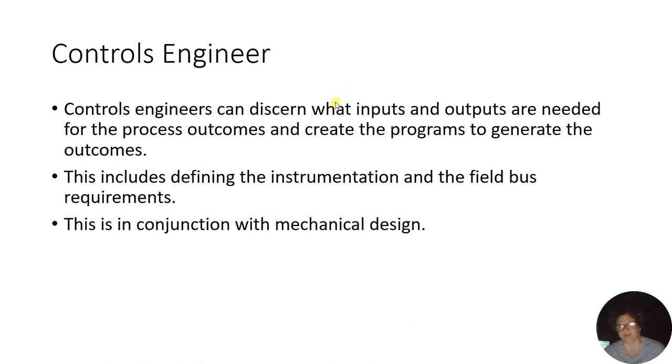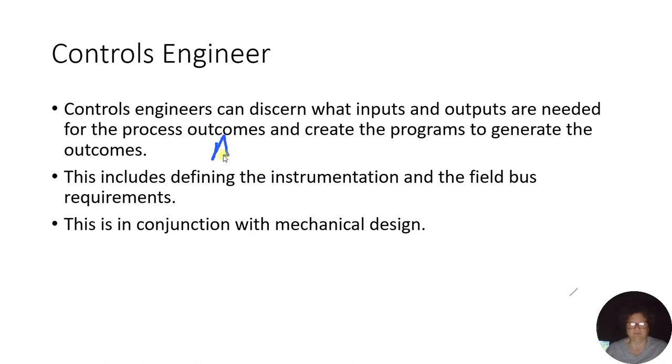Controls engineers look at what inputs and outputs are needed in the process for the process to occur, and create the program to generate the outcomes. This should be specified in a control specification, where you write down on paper what you want your inputs to be and what your outputs are going to be with whatever state you are getting your inputs in.